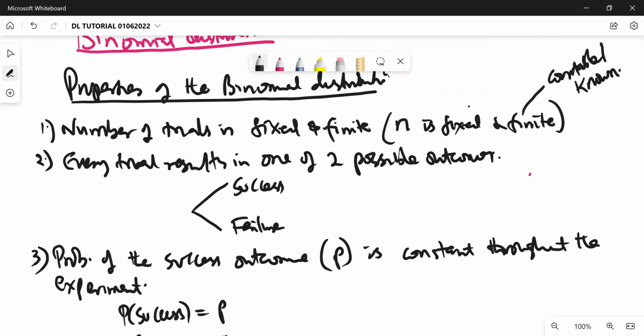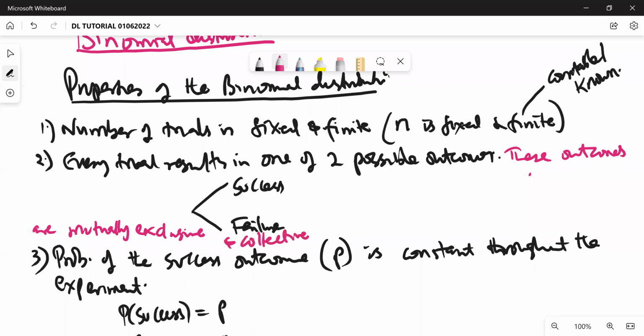There are two possible outcomes. These outcomes are mutually exclusive and collectively exhaustive. So this part can be better explained here. The two outcomes are mutually exclusive, meaning that they cannot simultaneously occur in the same trial.